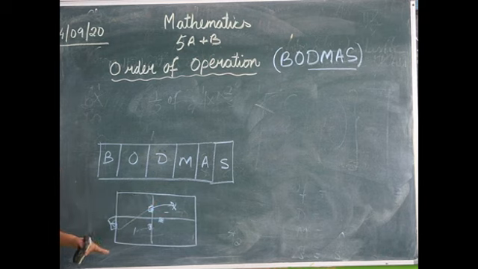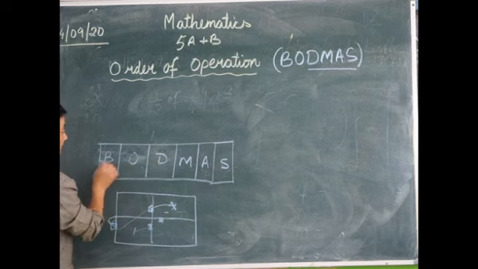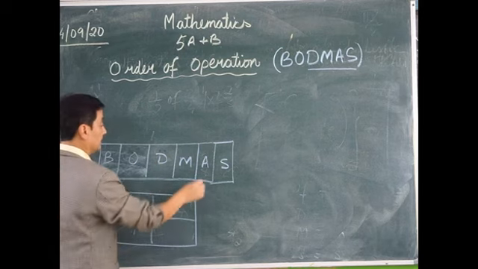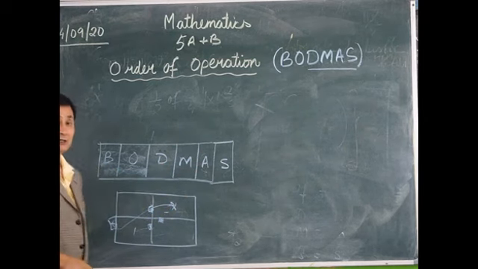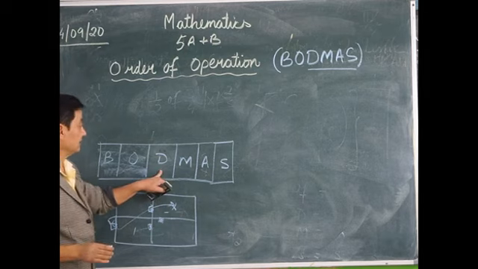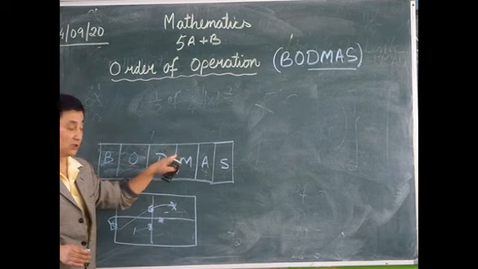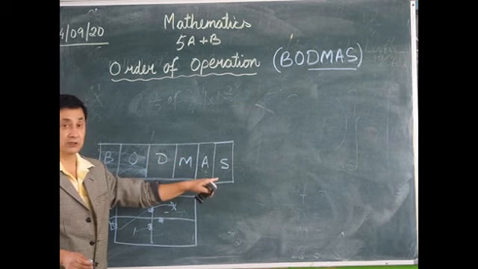So step by step. You cannot jump from here to there straight away. In the same way, you cannot first do addition and then do division. It must be done step by step. First division, if there is no division, multiplication, addition, subtraction.